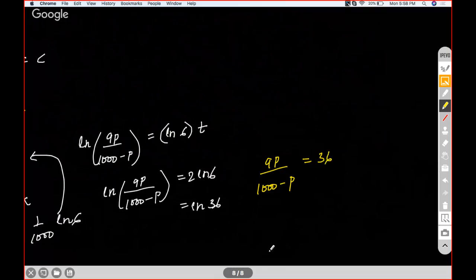So can I say 45p is going to be 36,000? What's the value of p? 36,000 upon 45. How much is that? 800. It's 800 squirrels presently there.